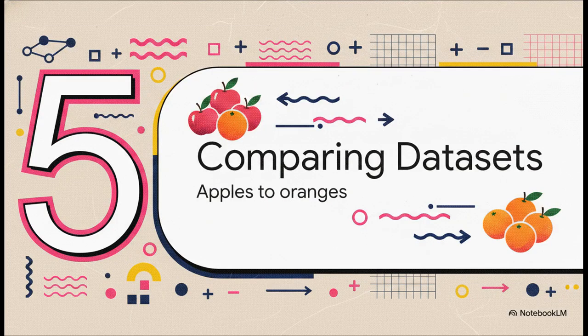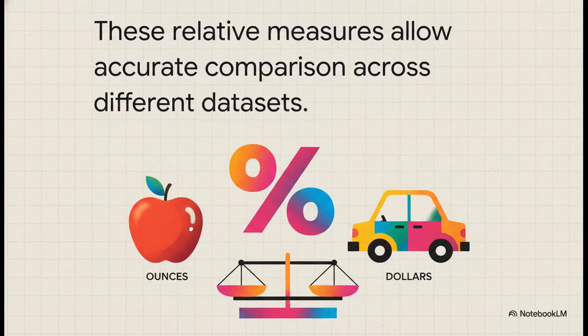All right, last but not least, section 5, comparing different data sets. So what does this all mean for us when we're out in the real world? Now, what's really interesting about this slide is how we use this knowledge to compare 2 completely different sets of data. We use what are called coefficients of variation. Think about it. You can't really compare the spread of apple weights in ounces to car prices in dollars, right?